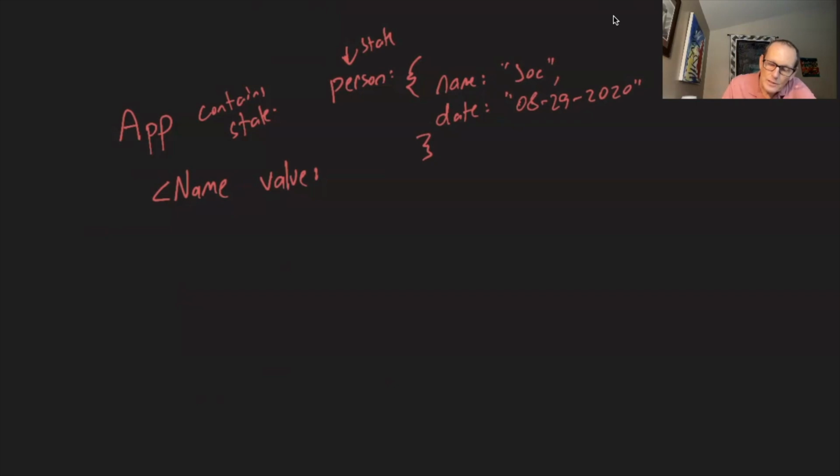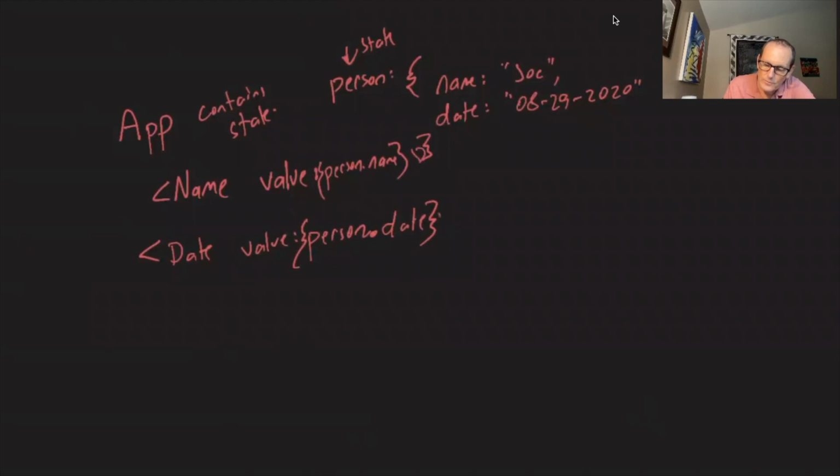So our value then is just going to be person.name. And then we'll also have a date where we have a value of person.date. These are in curly braces. And we close our JSX element. Okay, so that's how we're going to pass this down to our child components, the name and the date.